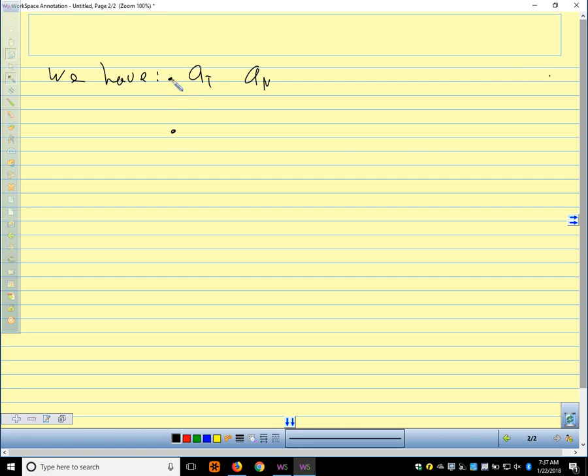But we also have that the vector acceleration is the sum of multiples of t and n.